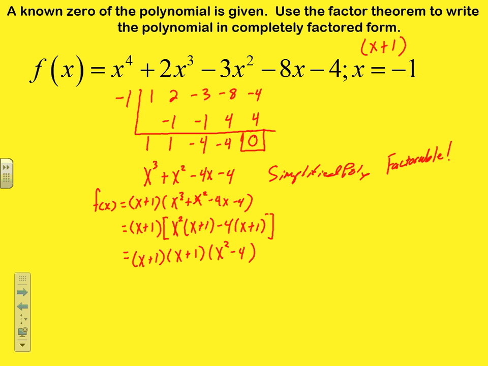Now at this point, some of us are going to think, well, we're probably done. But right now, we really only have 3 factors. And the fact that this is a fourth degree polynomial says there has to be 4. Well, that x squared minus 4 factor is the difference of 2 squares. This can still be factored.